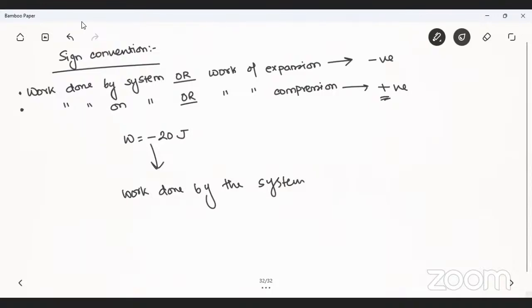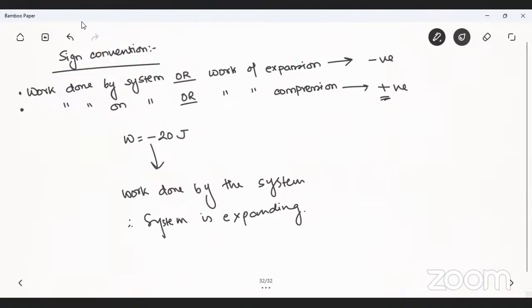This means the system is expanding. Is this part clear so far? Clear? Yes, ma'am.